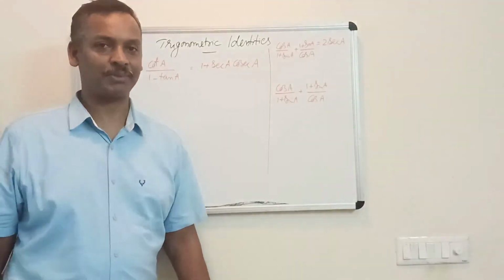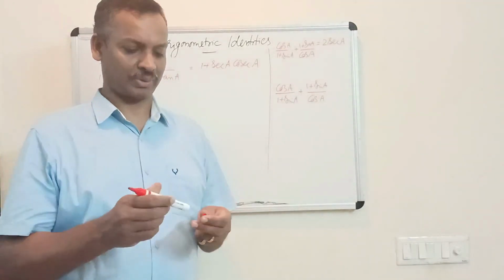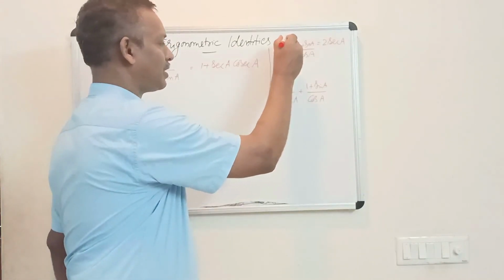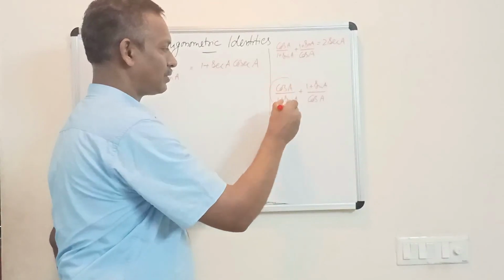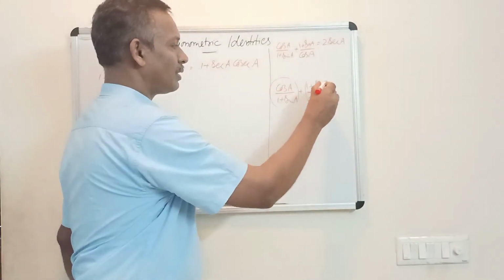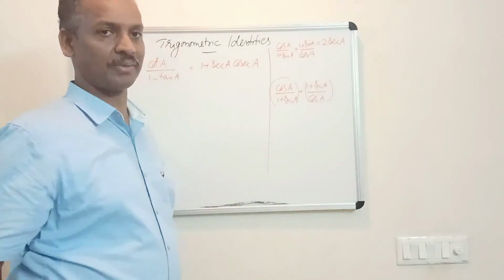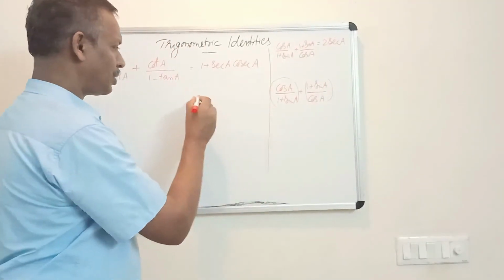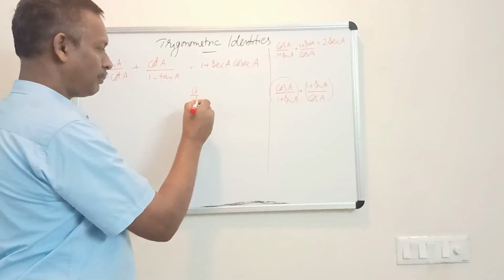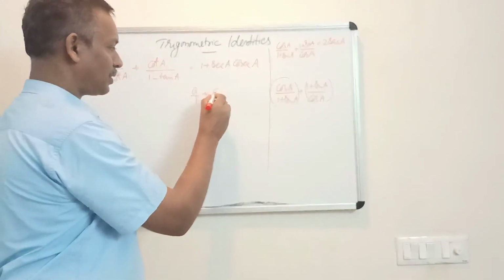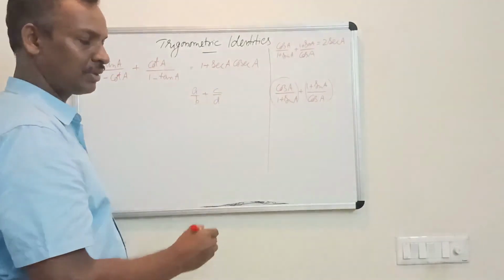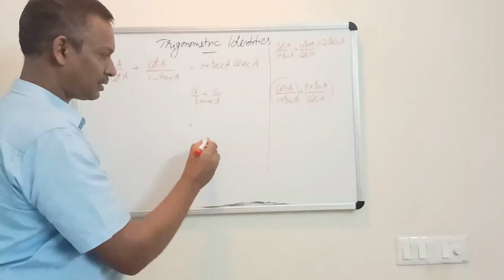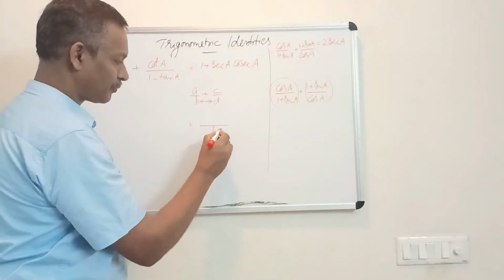Now let's prove some of the proofs. The first one is this. There are two fractions. We have to add these two fractions and get the result 2 sec a. When you are about to add, in most of the trigonometry questions, you have to follow this rule: a by b plus c by d. If you want to add two fractions, here mostly you follow this rule: multiply the denominators and make the denominator.